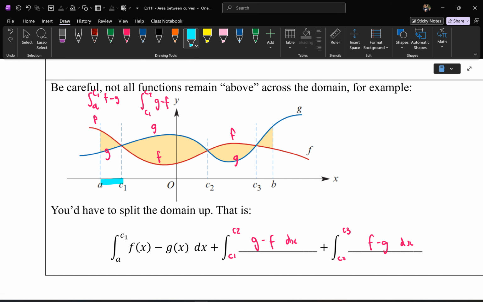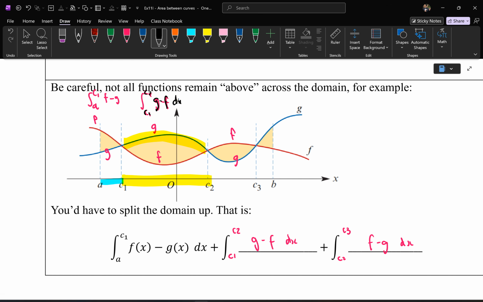But if you look between C1 and C2, G is now the upper graph and F is the lower graph. So you would have to split it up and say, from C1 to C2, it's now G take away F, dx, and so on. So it alternates between F take away G and then G take away F.